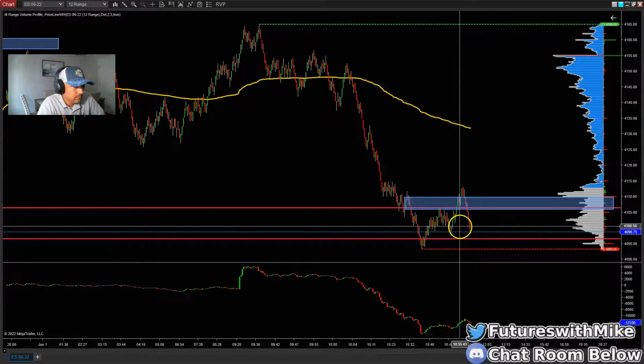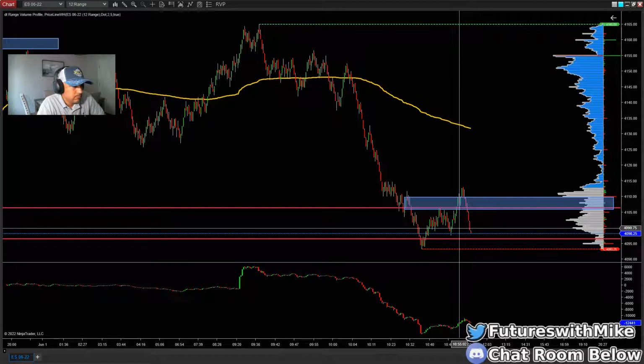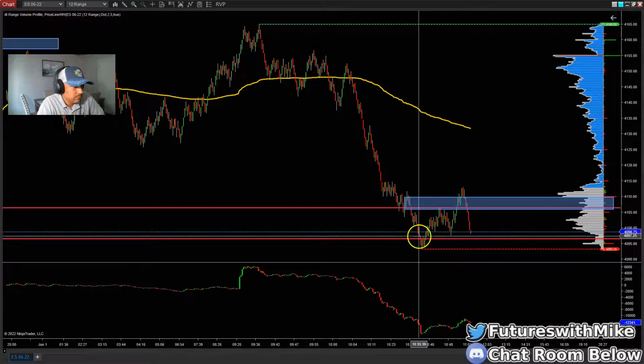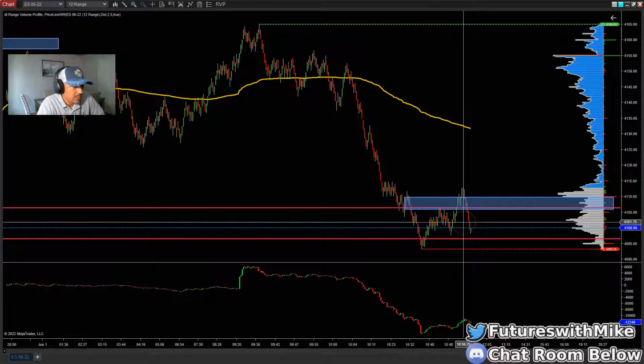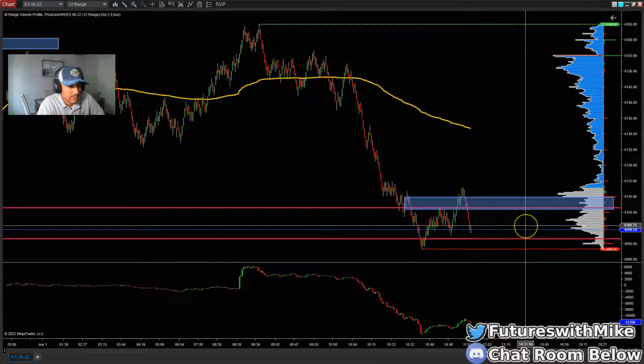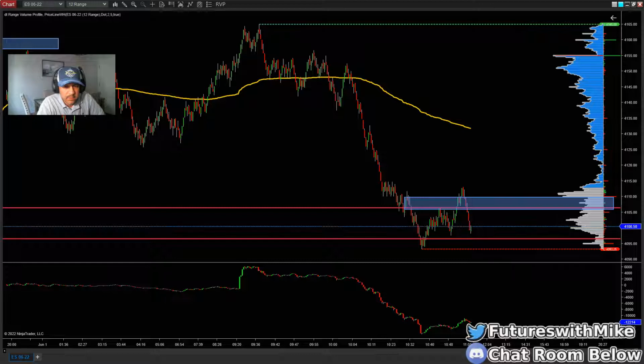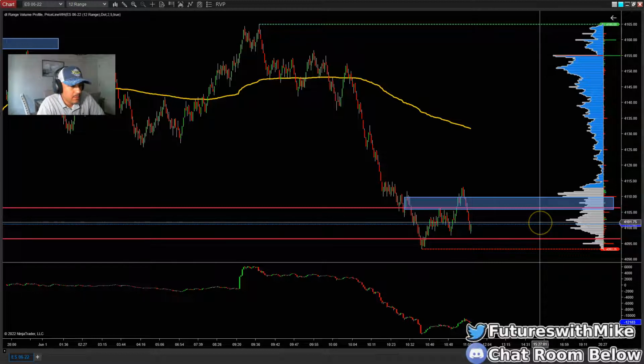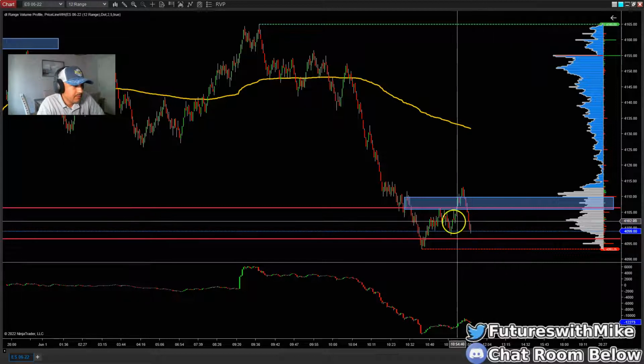I see price break back above 4,100. Not sure if it's going to break above or not.